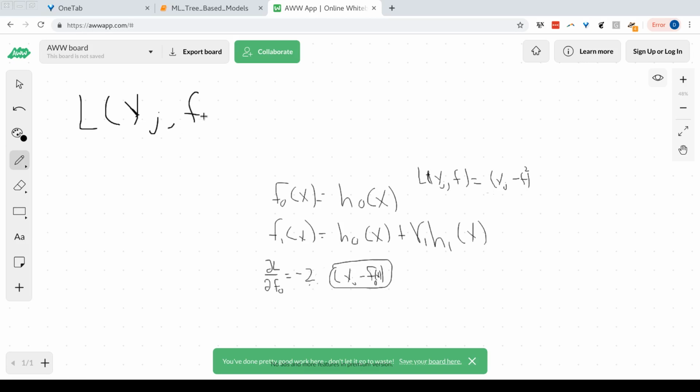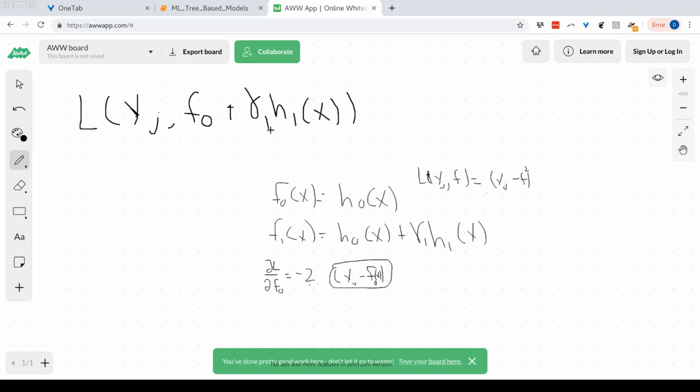In this case, we know what f of naught is. We don't know what gamma 1 is. We know what h of 1 of x is, since we just trained it. So we can just solve this problem of figuring out the best contribution for this model to have the greatest drop in our loss metric.